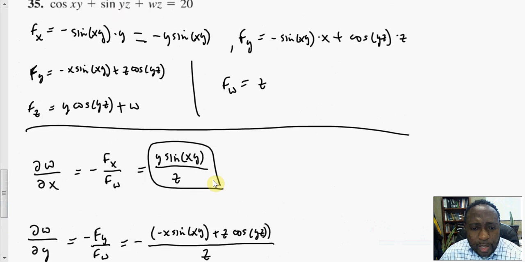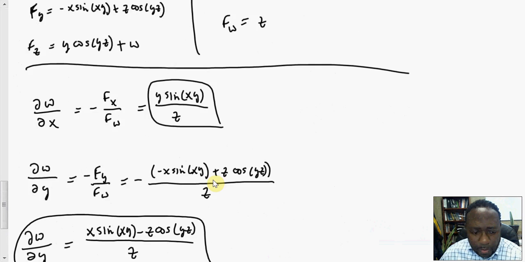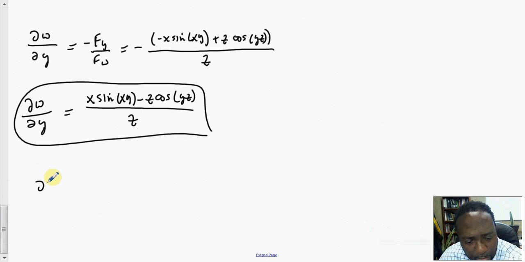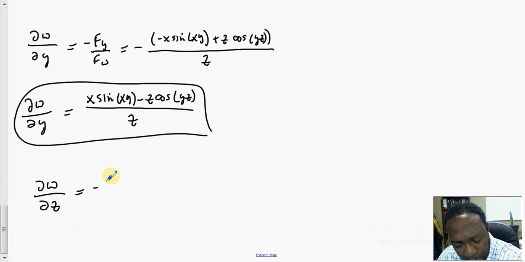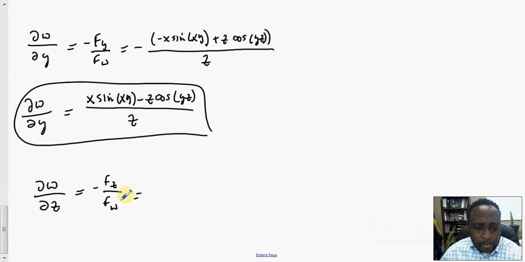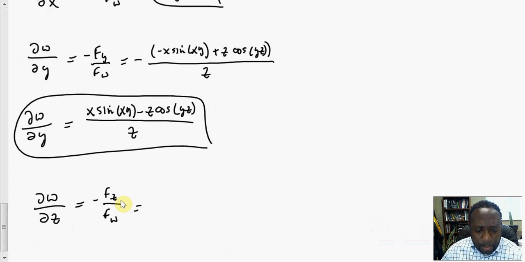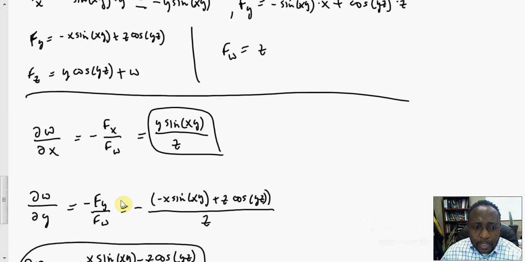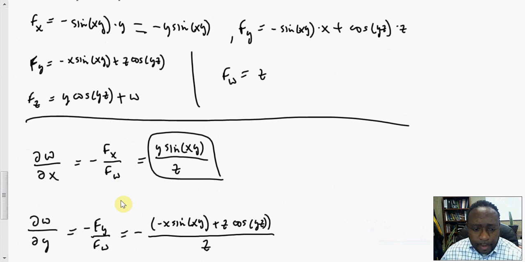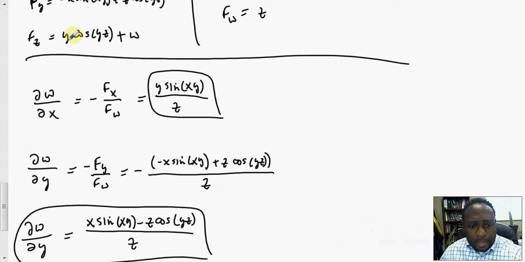Now, let's see here. We need the partial of w with respect to z. So this is negative the partial of f with respect to z all over the partial of f with respect to w. So the partial of f with respect to z, that came out to be this guy right here.